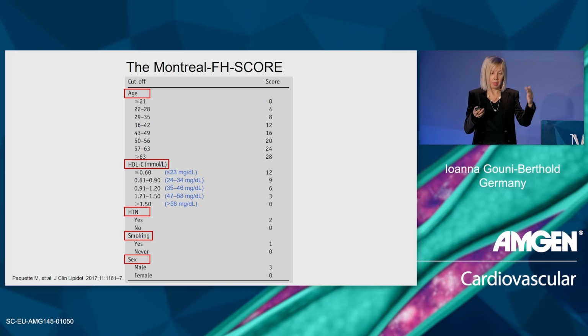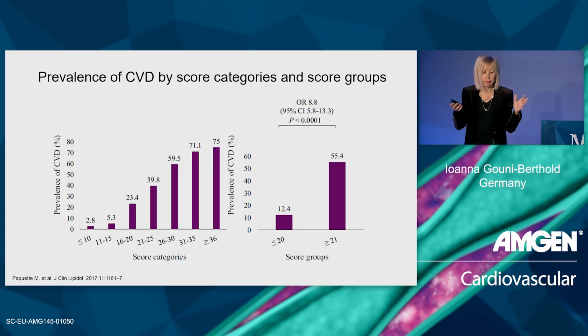And they assign points to each of these parameters. And then they show very nicely that the higher your score is, the higher is your risk to have a prevalent cardiovascular disease. So it's not prospective, it's prevalent cardiovascular disease.